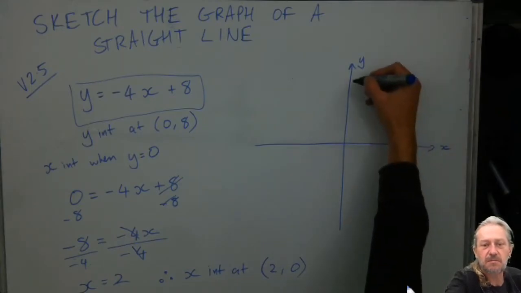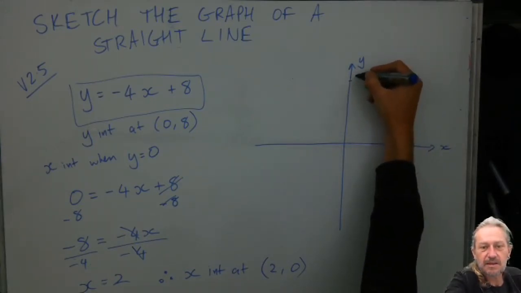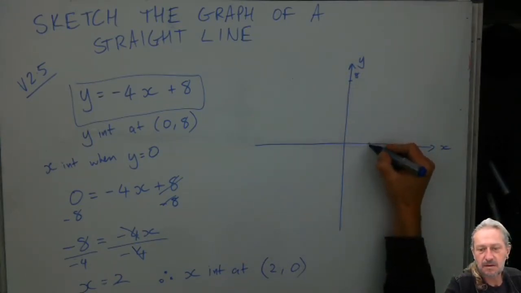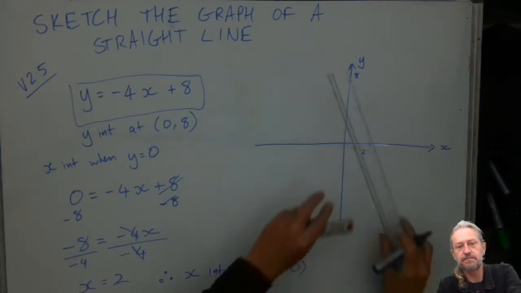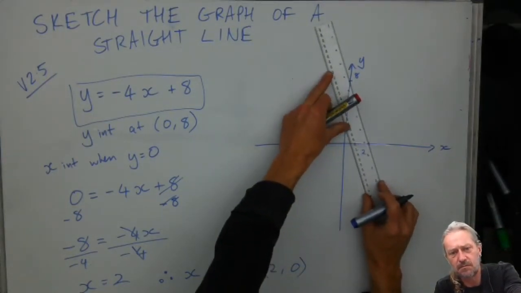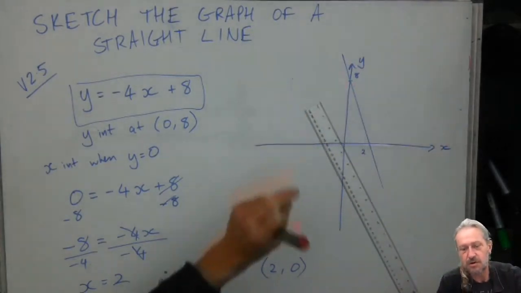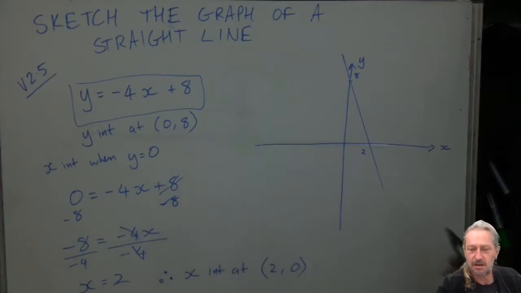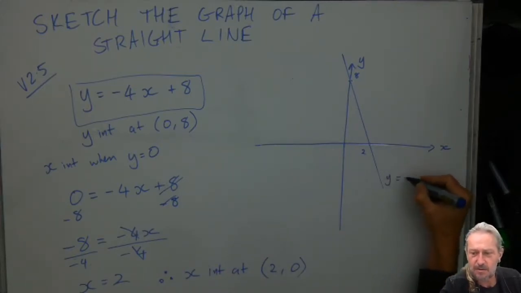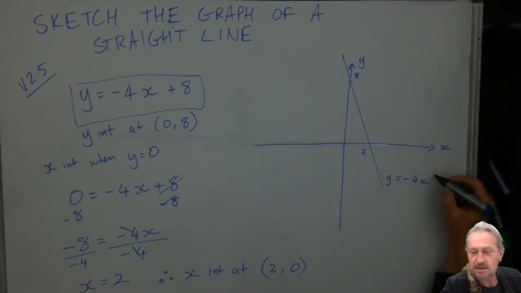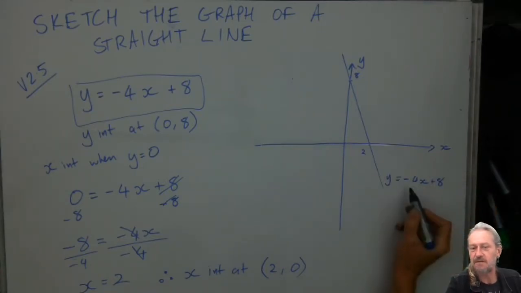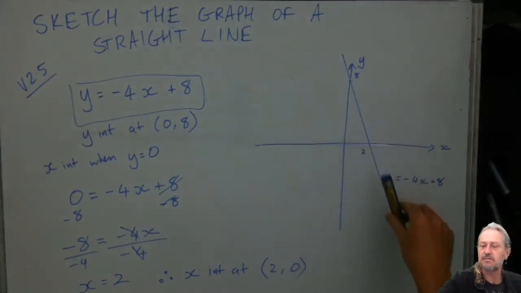So why don't we just, if we say that is 8, and that's 2, we'll draw our line sketch, and I'll just label it y equals -4x plus 8. So -4 is the slope, and it's coming down.